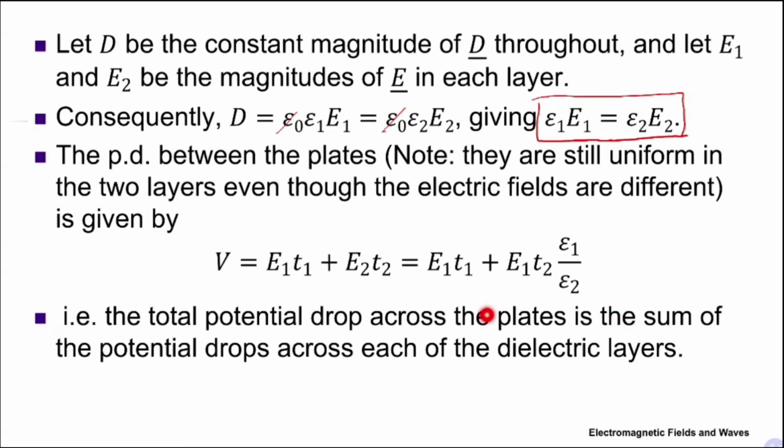And with that, we can work out the potential difference. The potential difference is the electric field times the separation. In the first layer, we have E1 T1, then in the second layer, we have E2 T2.